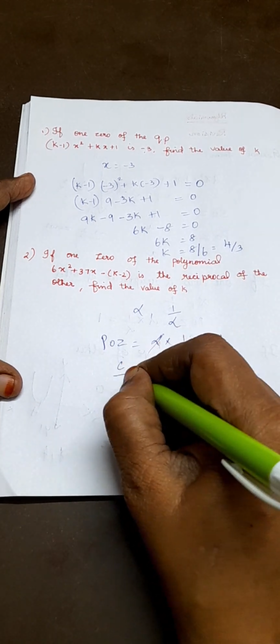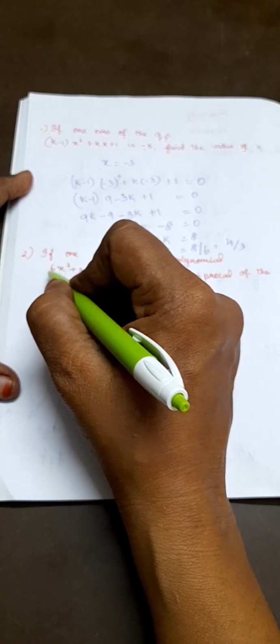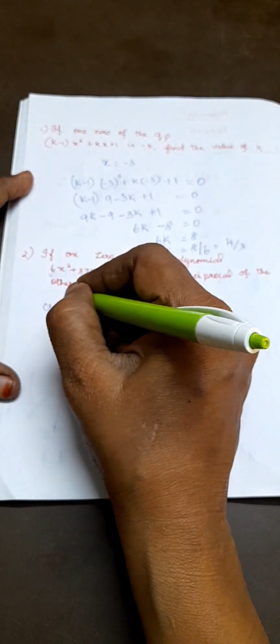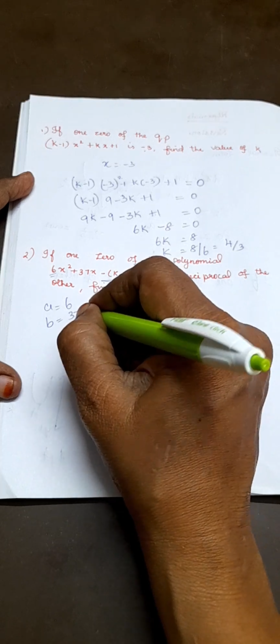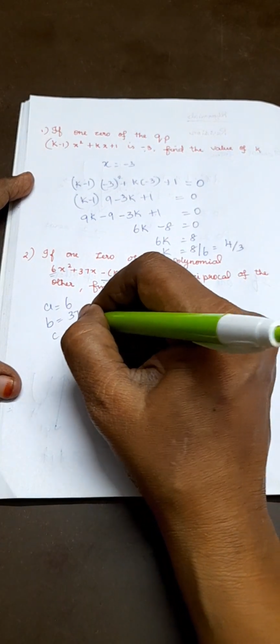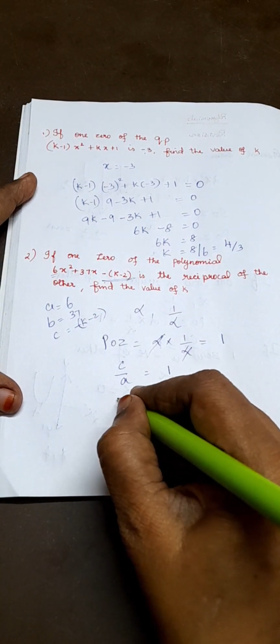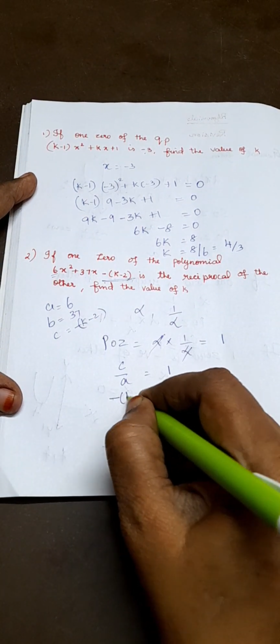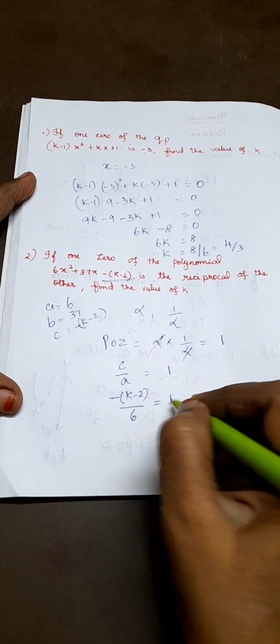The product of zeros is c by a, which will become 1. Here a is 6, b is 37, and c is minus k minus 2, right? So we have to apply c by a: minus of k minus 2 by 6 equal to 1, right?